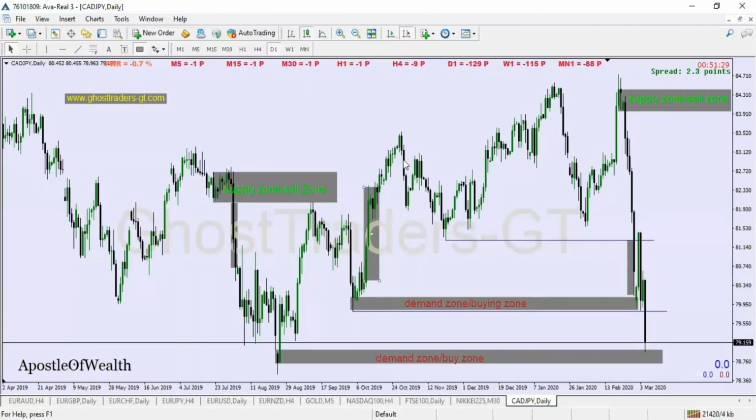Here is where we expect the market to get to, and then it can do whatever it wants. So we're going to put our take profit here also.